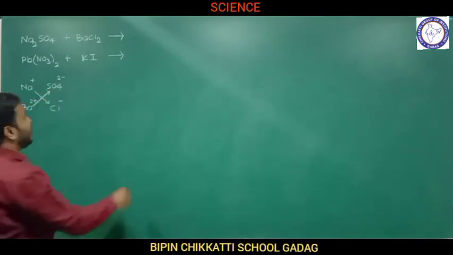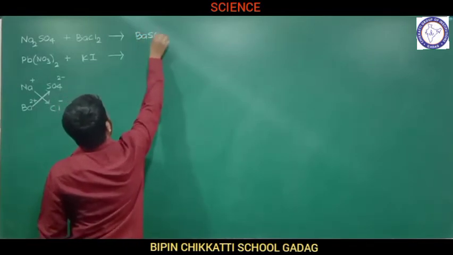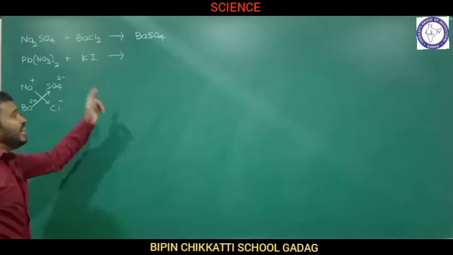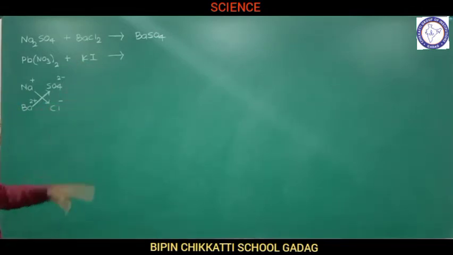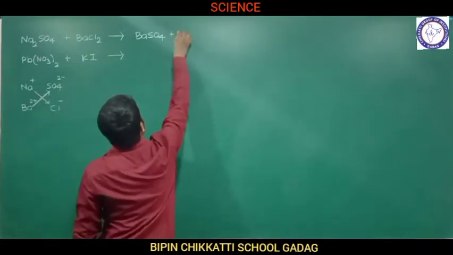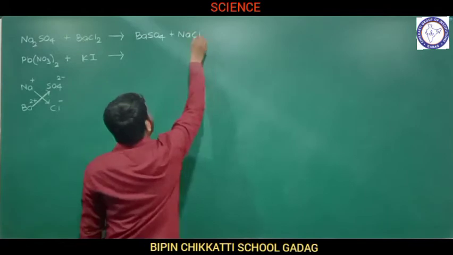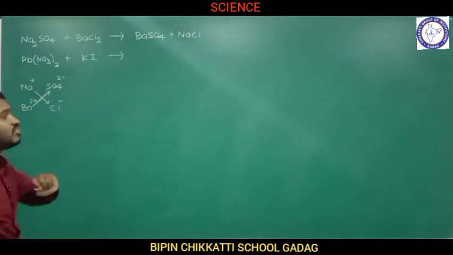So what are we going to get? We are going to get barium sulfate. The formula will be BaSO4: Ba2 plus and SO4 2 minus cancel, so you get the formula BaSO4, barium sulfate. And the other will be Na plus and Cl minus, which we call sodium chloride. This is how the exchange of ions takes place, and we get new products like this.